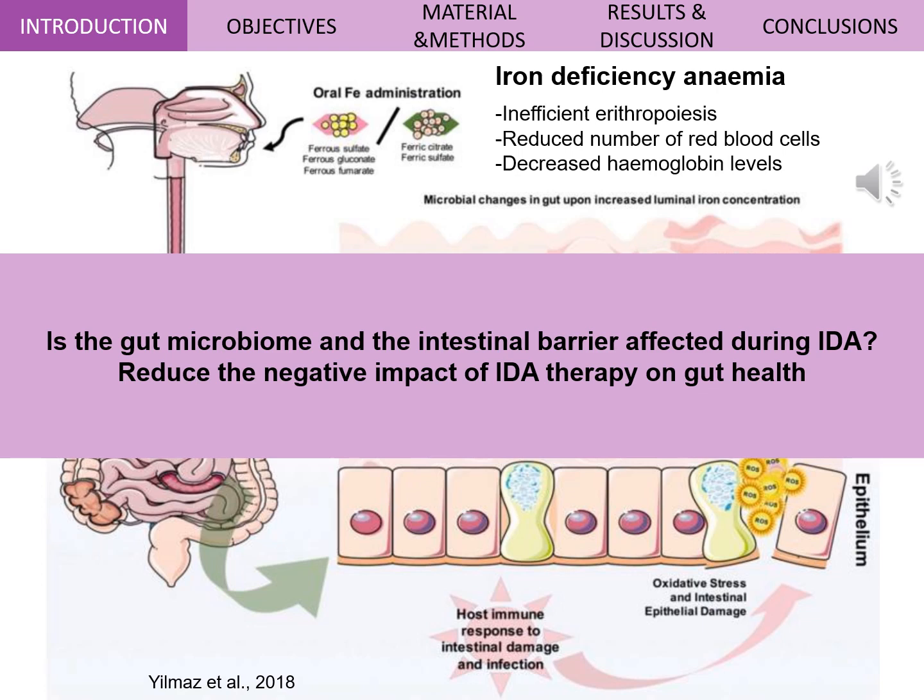So we do know that the gut microbiome and intestinal barrier are affected as a consequence of iron supplements, but we don't know if these are affected during IDA. Studying these aspects can help us reduce the negative impact of IDA therapy on gut health.